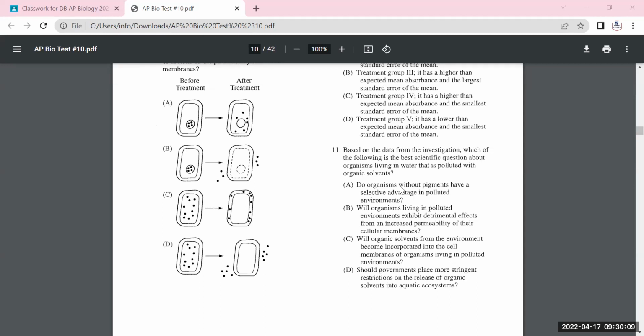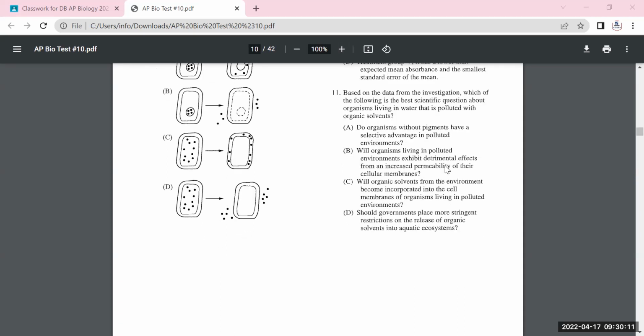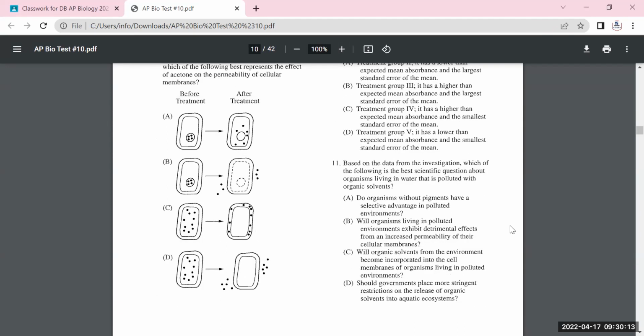This is exactly the question that we are looking at. If pollution does cause a change in the permeability of your cell membranes, the question then is what is going to happen or how is this going to actually affect my organism?